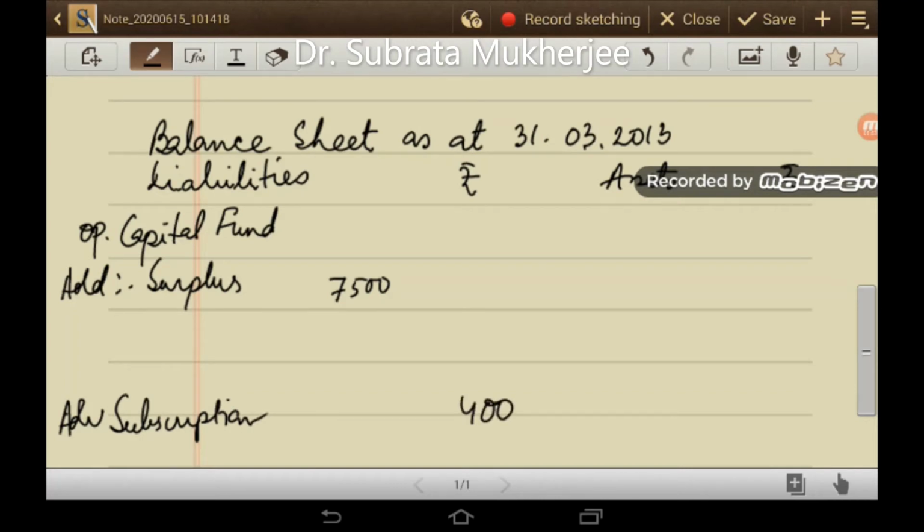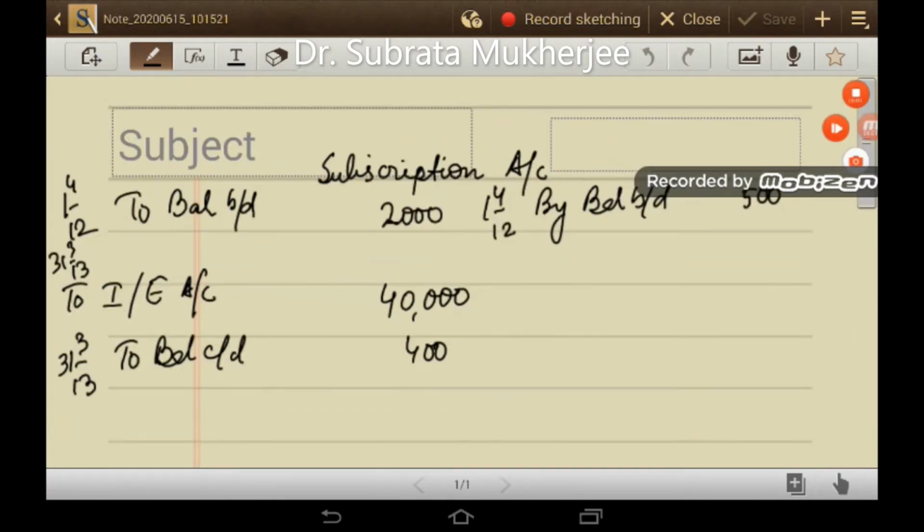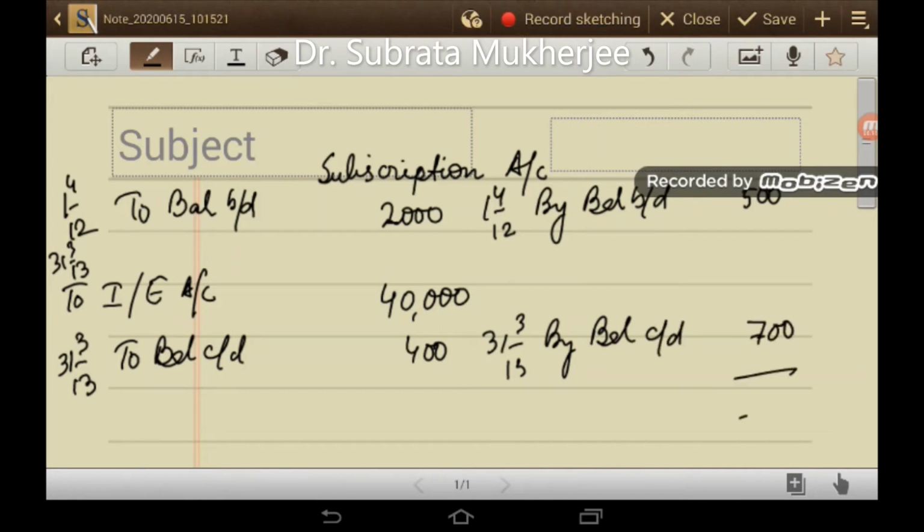Next is outstanding subscription for the current year. So outstanding subscription of the current year will appear on the credit side of subscription account. So by balance CD this amount is rupees 700 and this will appear on the asset side of the closing balance sheet.